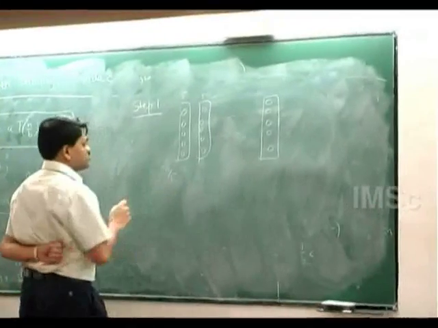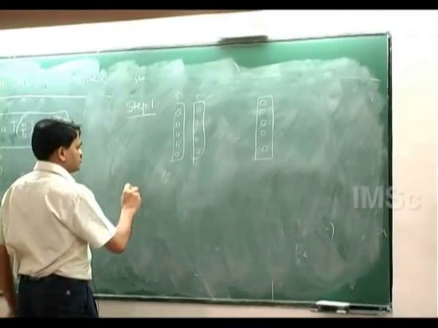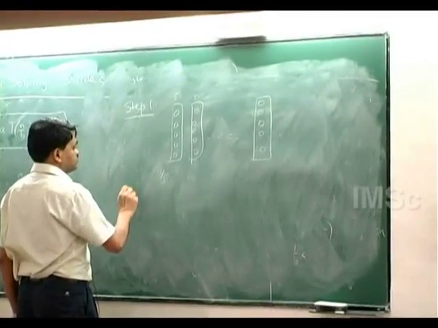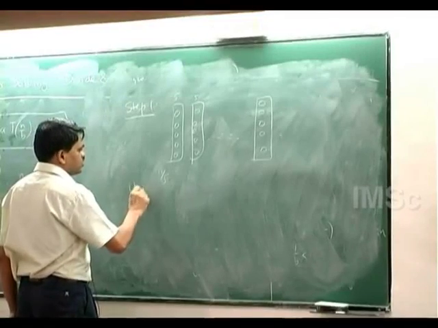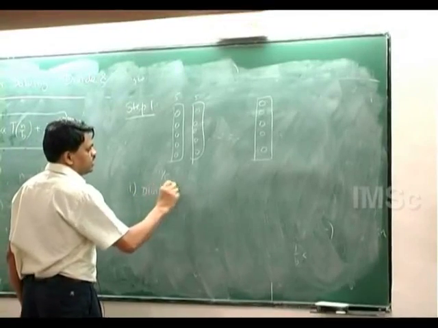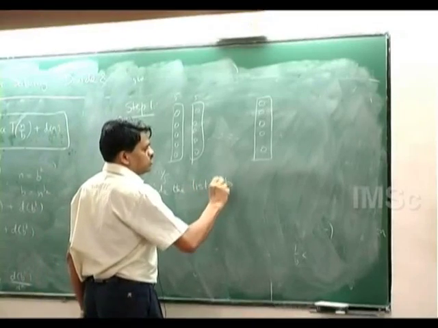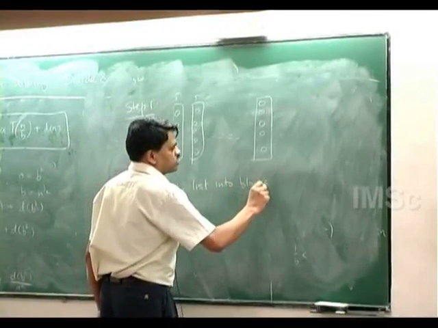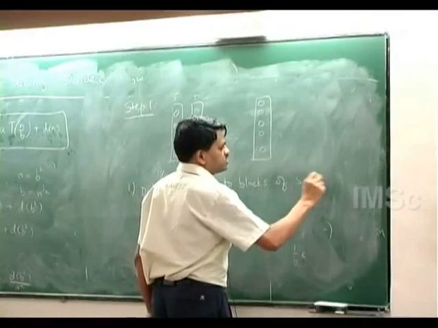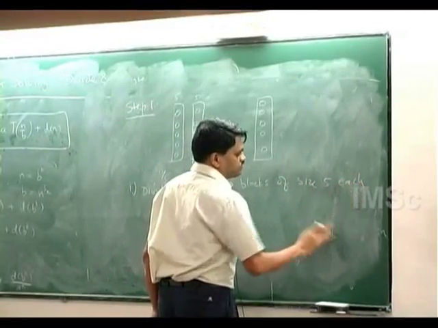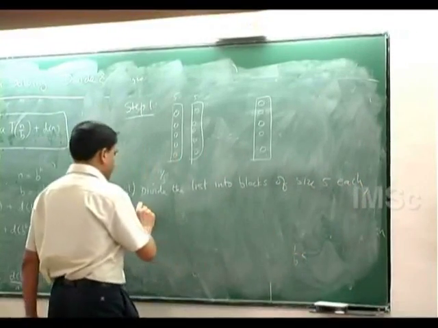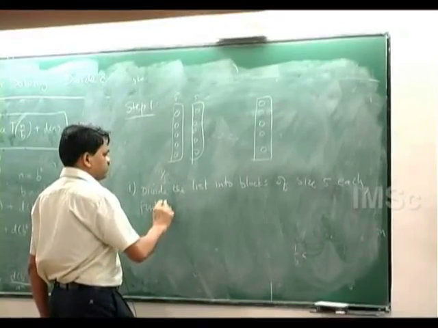Okay, so step 1. Divide the list into blocks of size 5 each and find the median of each block.